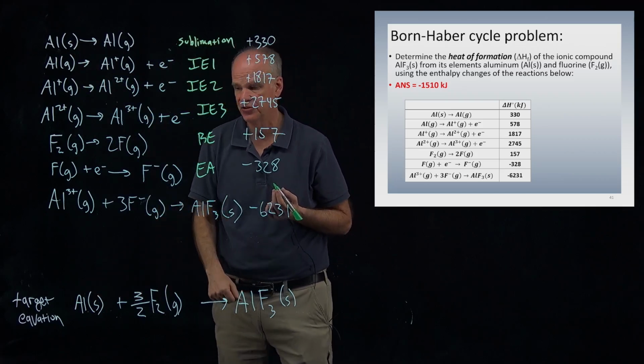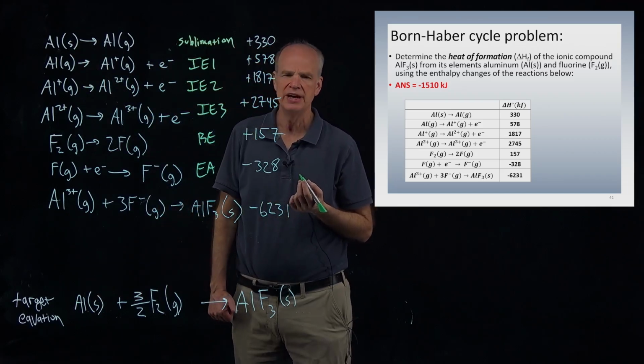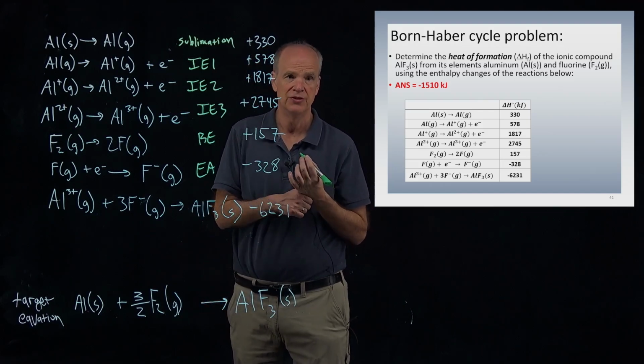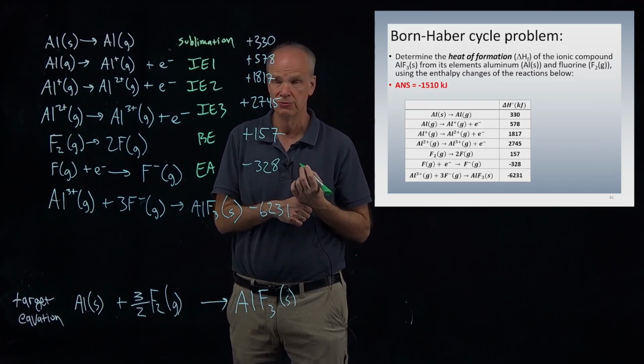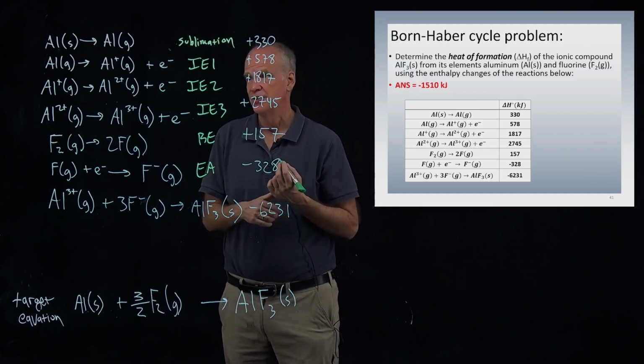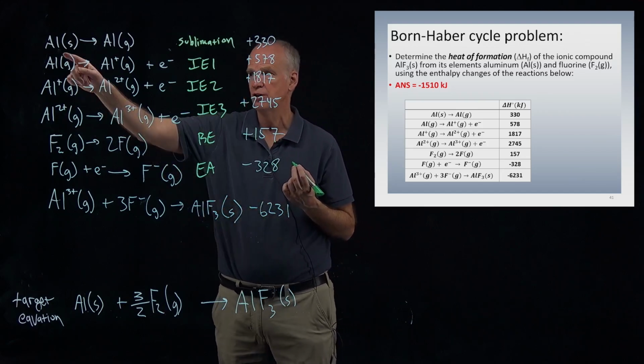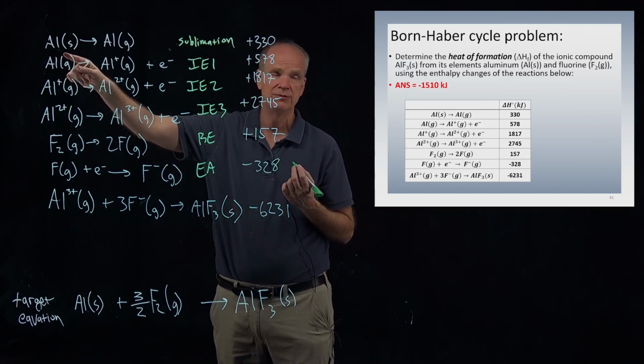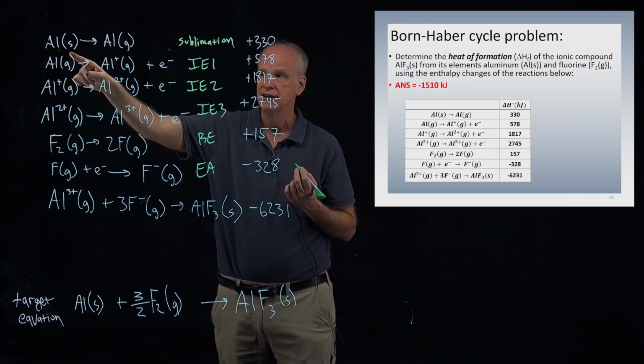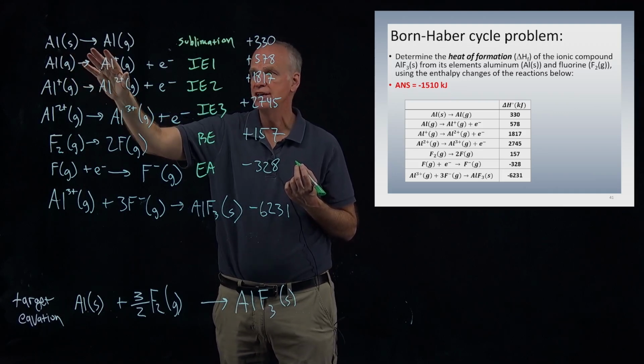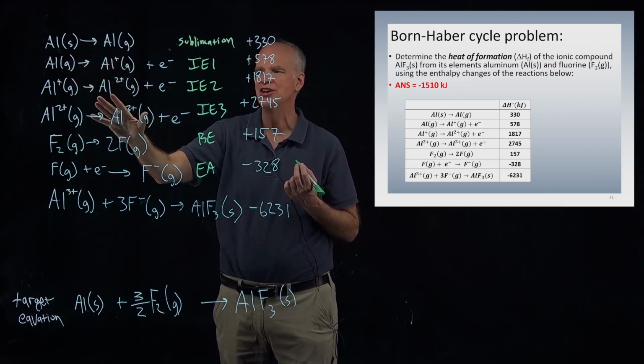So that's good news. So let's go ahead and see if we can deal with the aluminum before we deal with the fluorine. Like I was telling you before, we want to keep aluminum here in the solid state, but we want to get rid of everything else here that's aluminum.